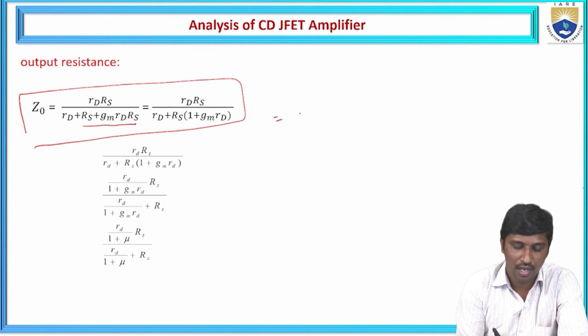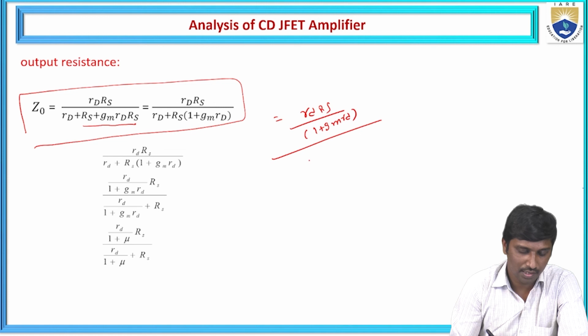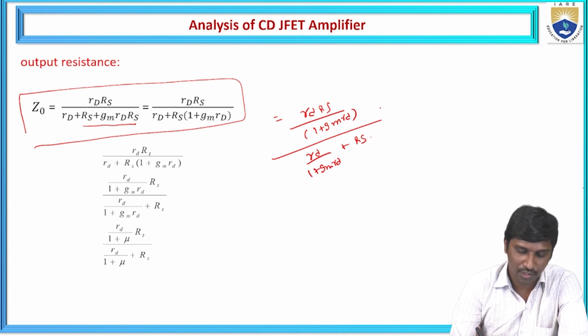Meaning RD into RS is divided with 1 plus gm into RD, so this is RD by 1 plus gm into RD plus RS.